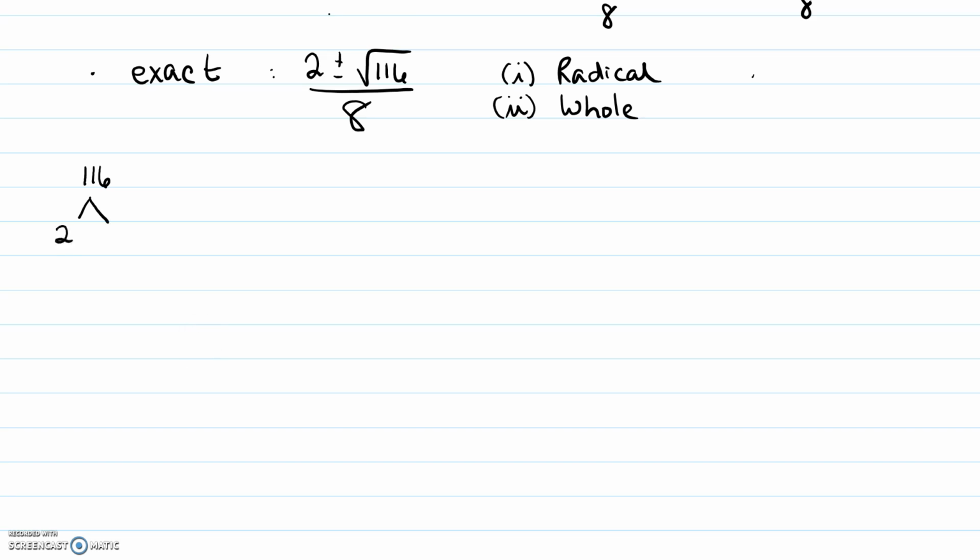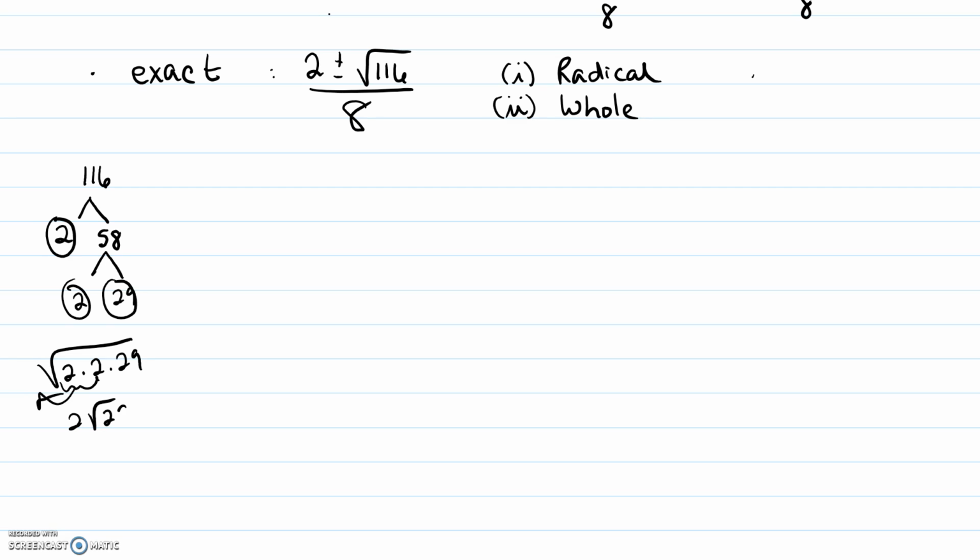So however you reduce radicals, go ahead and do so. So 116 and 2 is 58. 2 and 29. So when you reduce 116, you're going to end up with 2 square root of 29. So that's always your first step, is to reduce the radical.